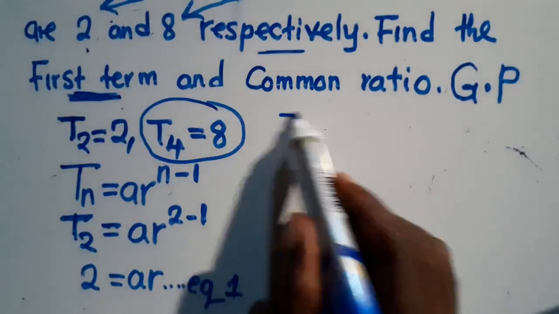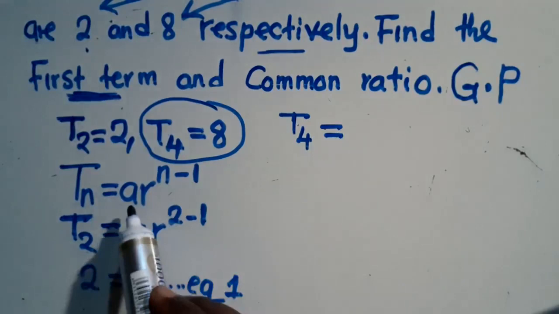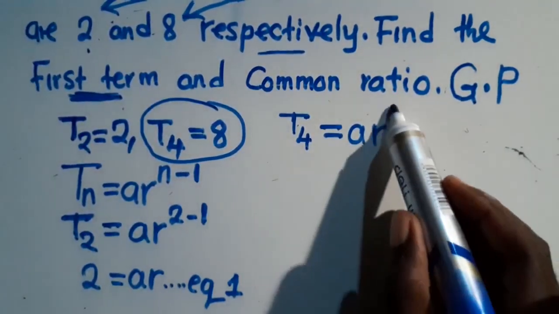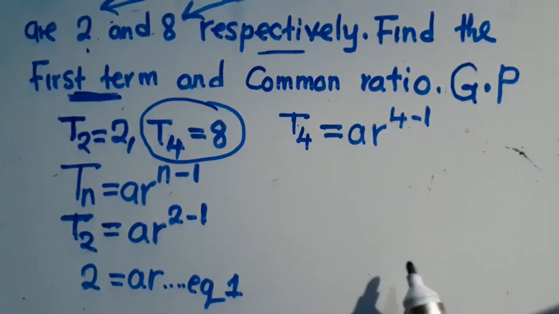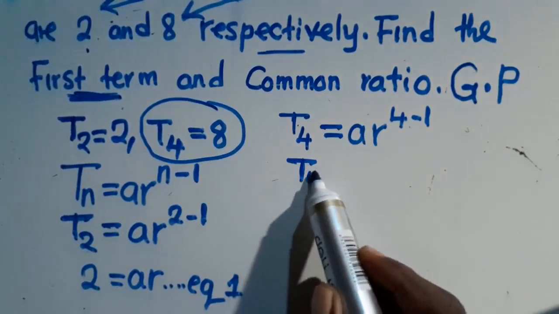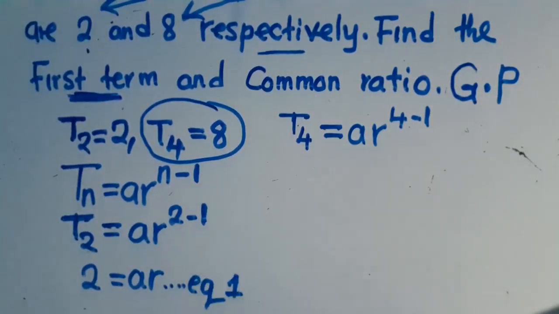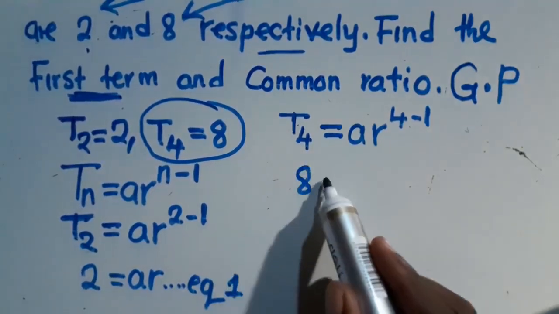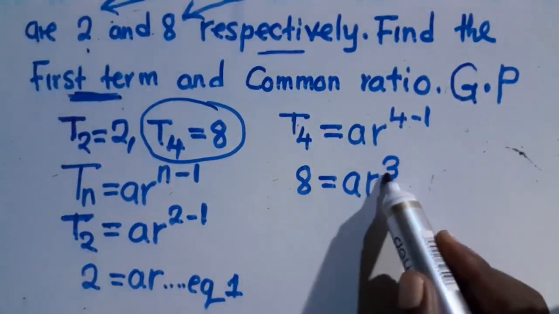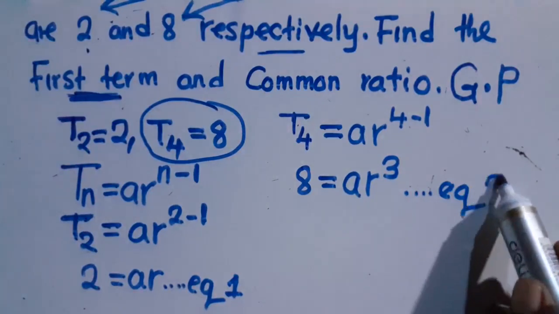Following this format, T with 4 there, which is equal to A R to the power of 4 minus 1. For T4, I know that it is 8. So 8 is equal to A R to the power of 3. I name this Equation 2.